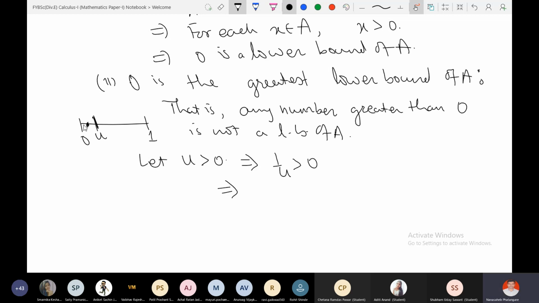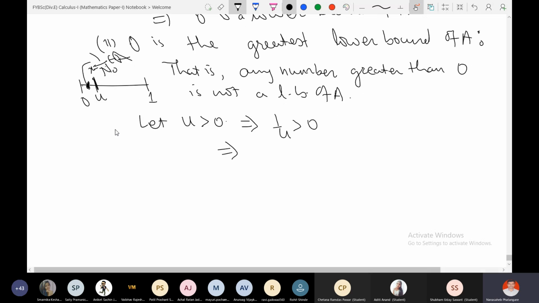That means if you choose any number u greater than 0, immediately I can produce a number which is in set A, which is less than u and which is a member of A. Correct? This is our aim. There exists some element of set A which is less than u. So how to produce such an element?